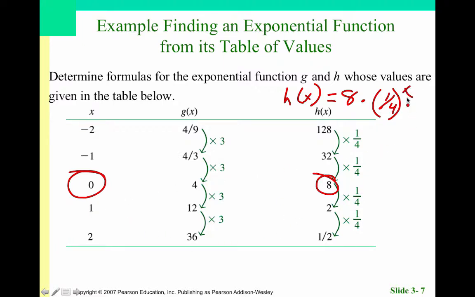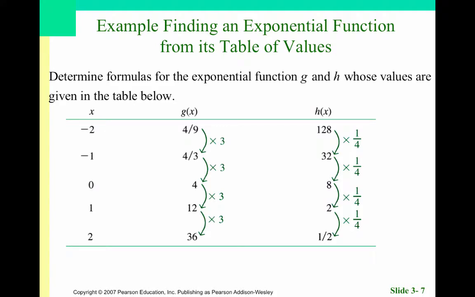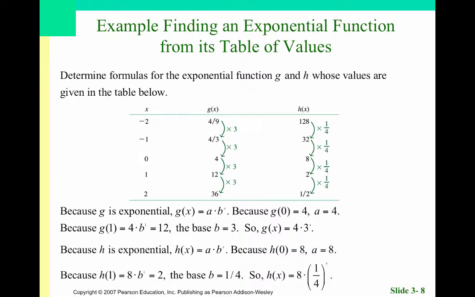Check your work. Put in 1. 8 times 1/4 to the 1 is 2. Absolutely. Put in a few more. So you can get them from a table if you know the initial value. Very helpful. If you know the repeated multiplication, you're basically done. Okay, we got them right.